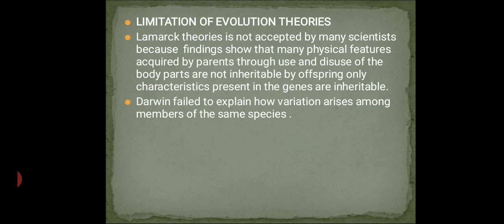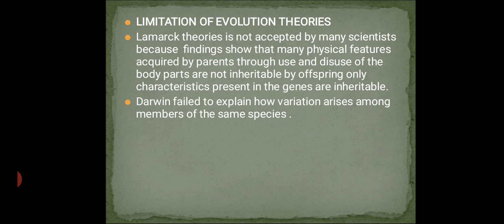The next thing we look at is limitation of evolution theory. I made mention of the reason why Lamarck's theory was rejected. The work of Lamarck was not accepted by many scientists because he claimed that physical features acquired by parents through use and disuse of body parts may be inherited.